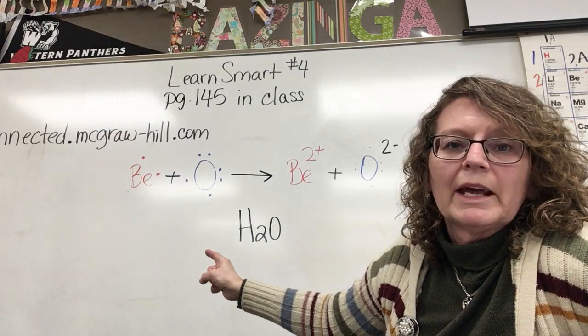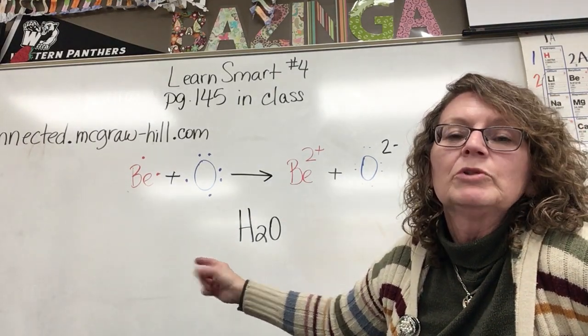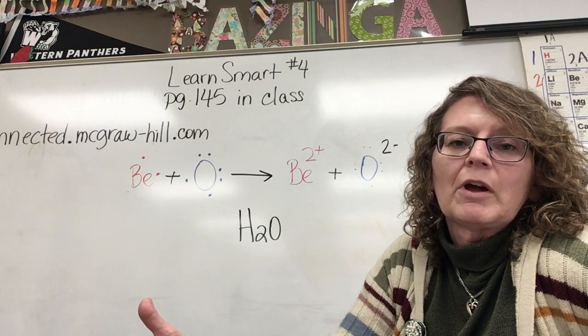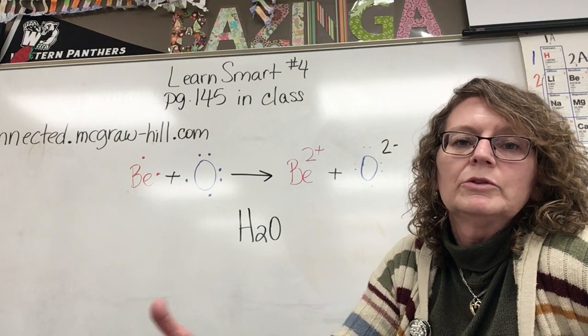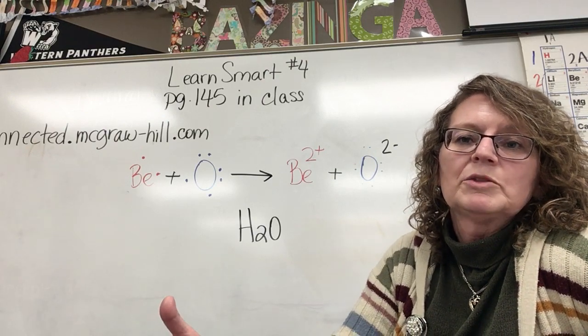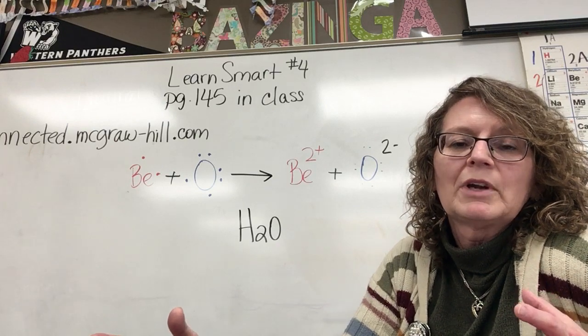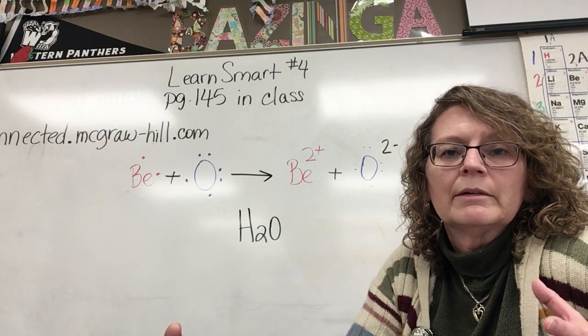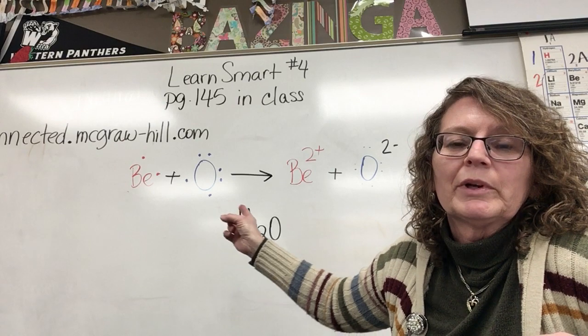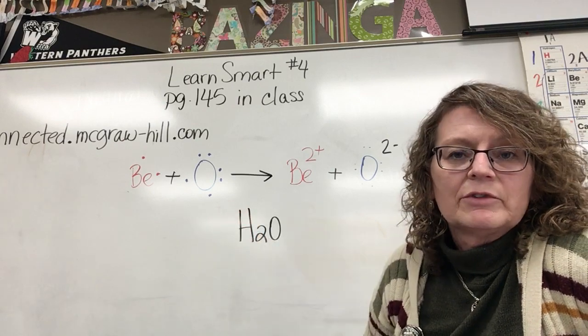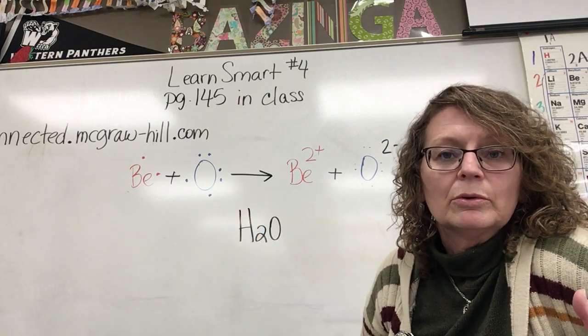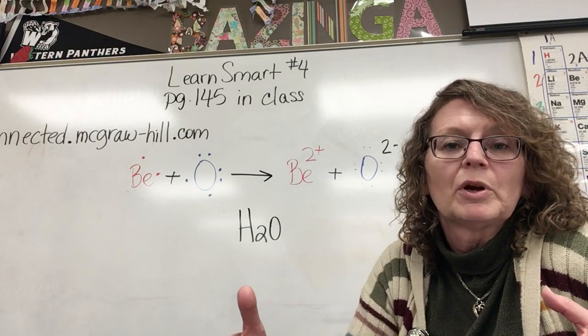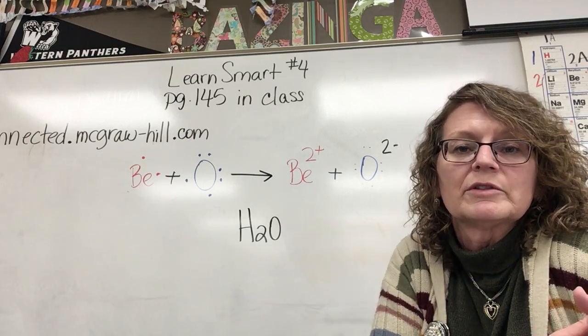Metals give away electrons. When you give away negative charges, you're no longer neutral, you're a positive charge, depending on how many you gave away. If you gave away 1, you're a positive 1. If you give away 2, like beryllium does, you're a positive 2, because now your positive protons outnumber your negative electrons by 2.